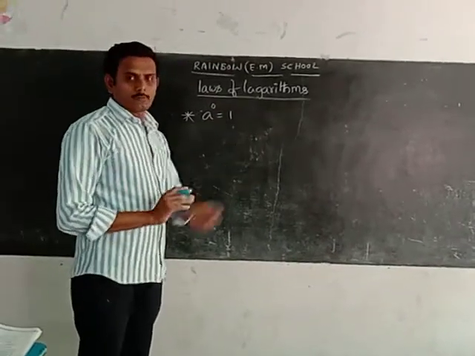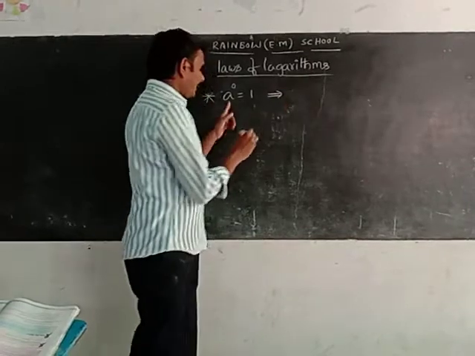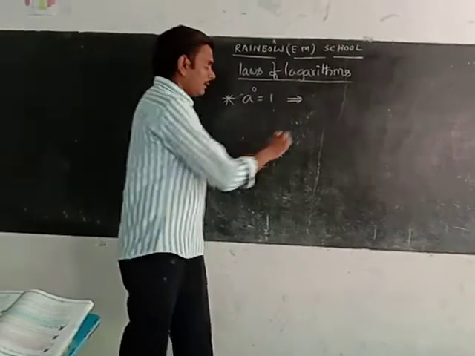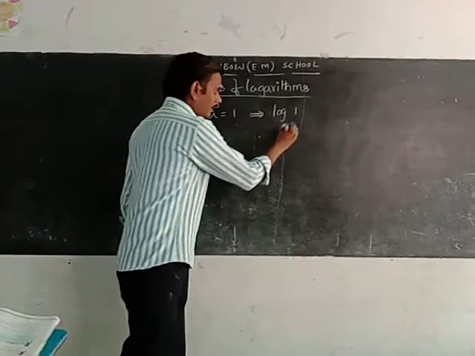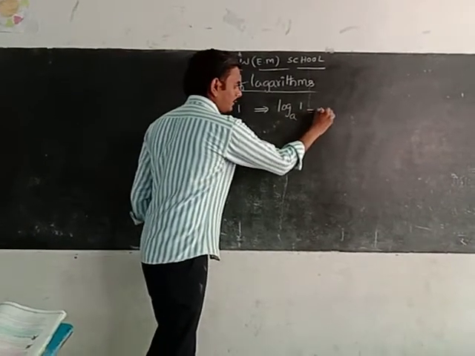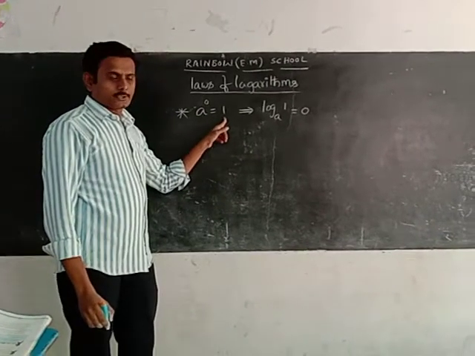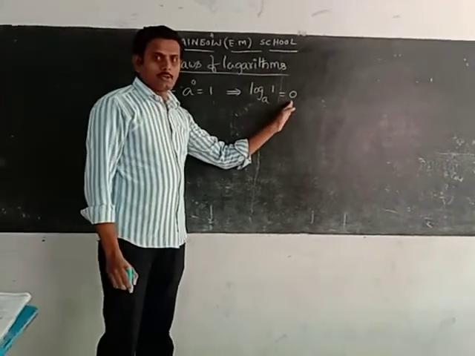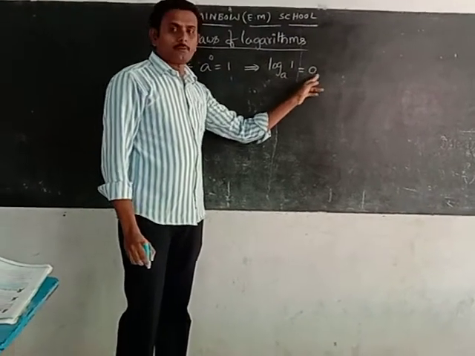Write this in logarithm form: base, power, number. That means log of 1 to the base a is equal to 0, since a power 0 equal to 1, which we already know in exponents.